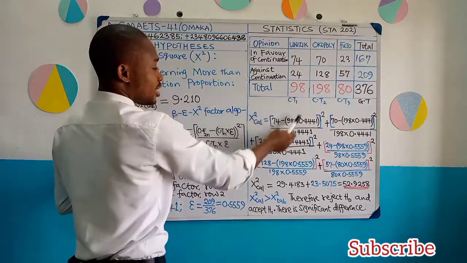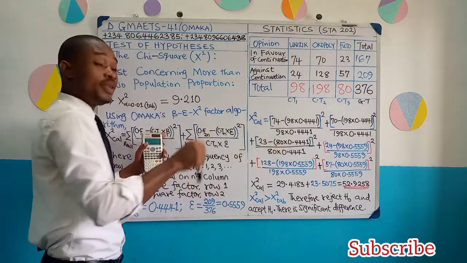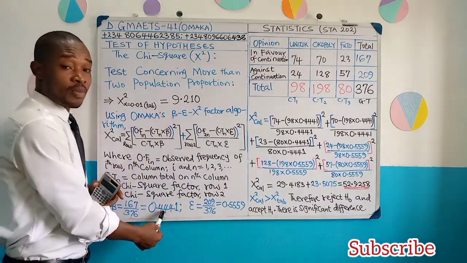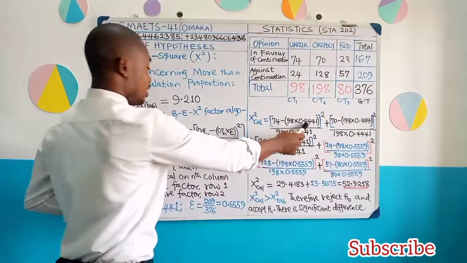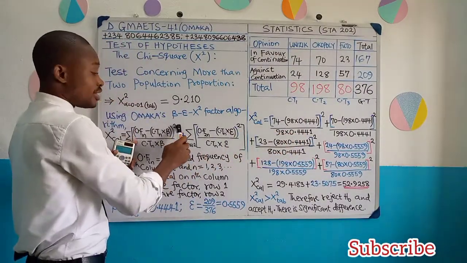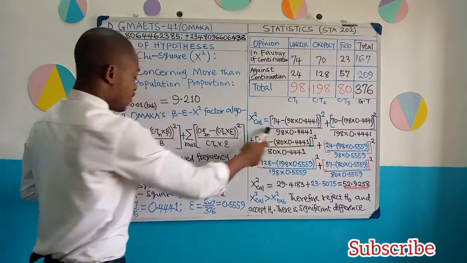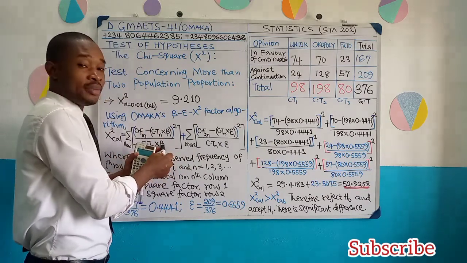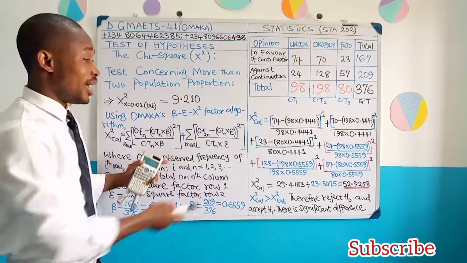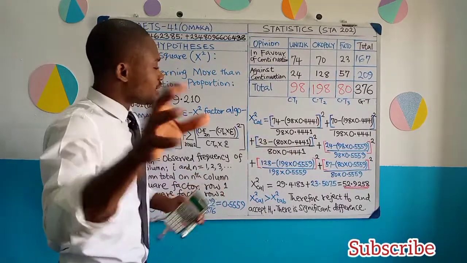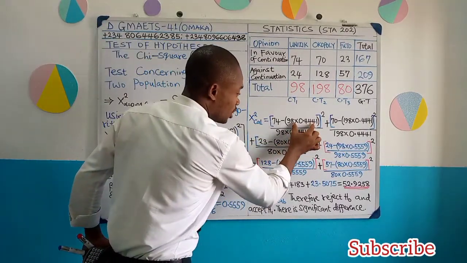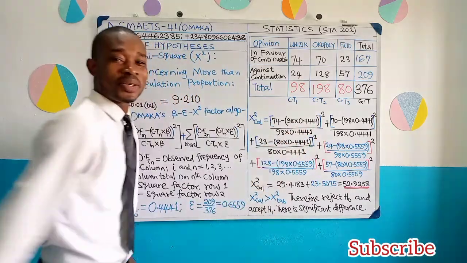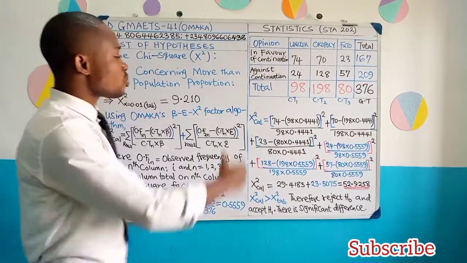The column total is 98, you fix 98 times beta, the chi-square factor for row 1, and that value is 0.4441. So I enclose all in brackets and then square. You can see that, divided by the column total of the column you're dealing with times the chi-square factor of that row 1, which is what you have here. A good thing about this is that this part of the numerator is always what you have in the denominator. Is that okay?